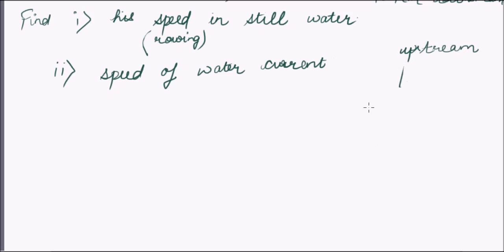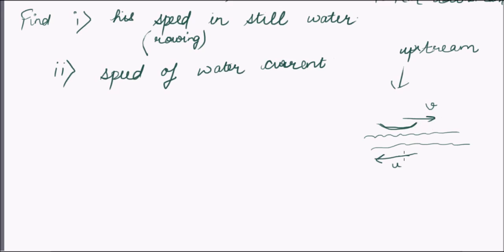Friends, if we have to move fighting with the current speed, that is the speed of water, then the speed is upstream. That is, if we have a river and our boat is moving with this direction, say speed v, and the speed of the water is say u in the opposite direction, then this particular case will be upstream.